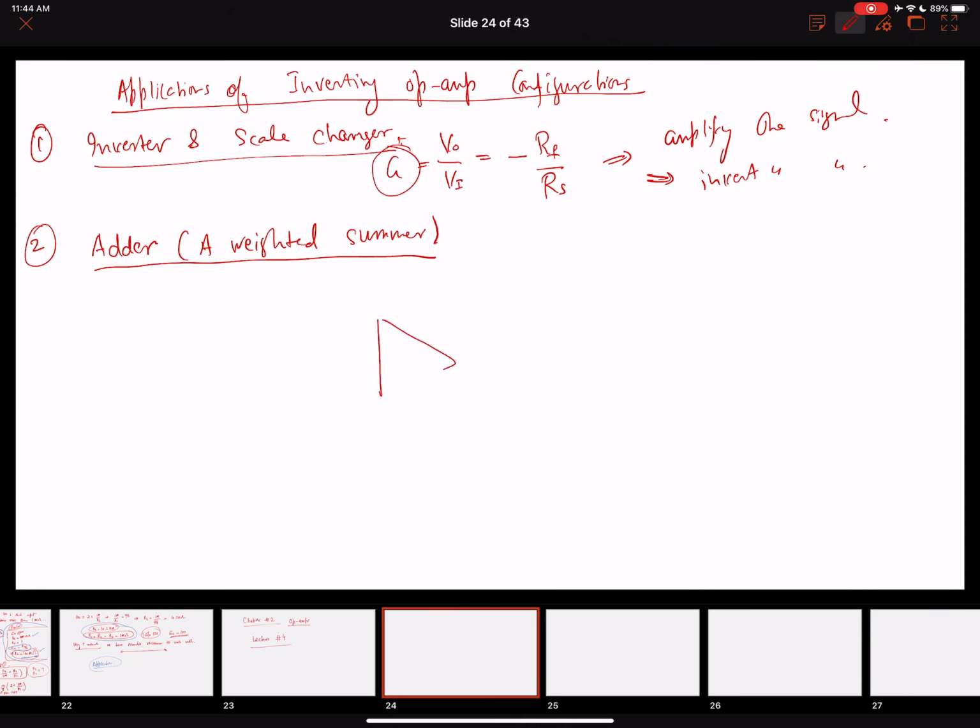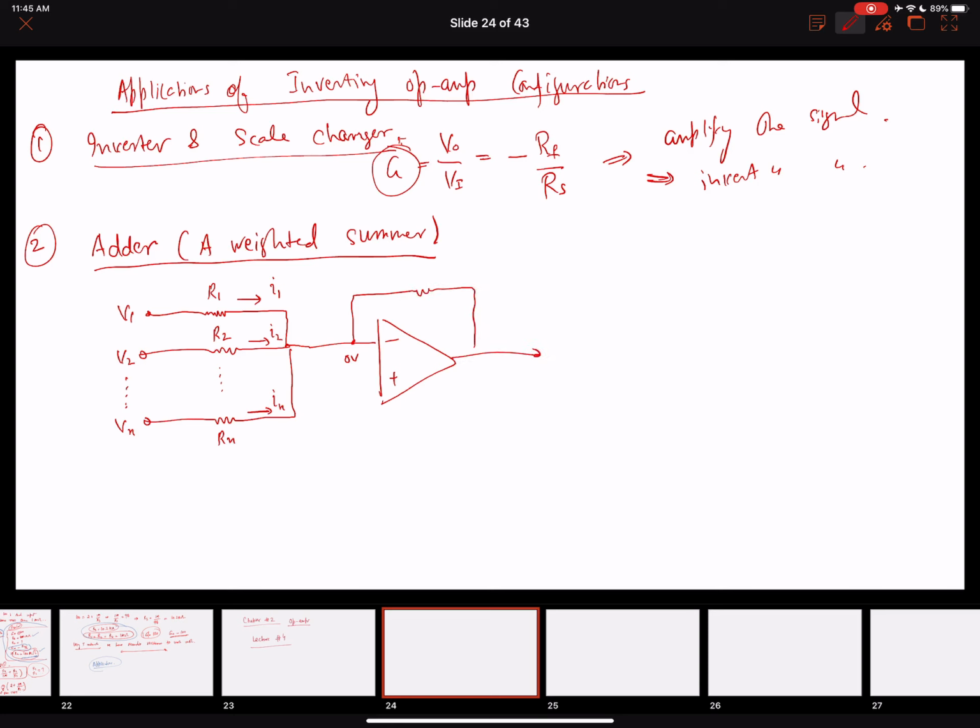All right, negative, positive. V1, V2, Vn, R1, R2, Rn, I1, I2, In. 0 volts.